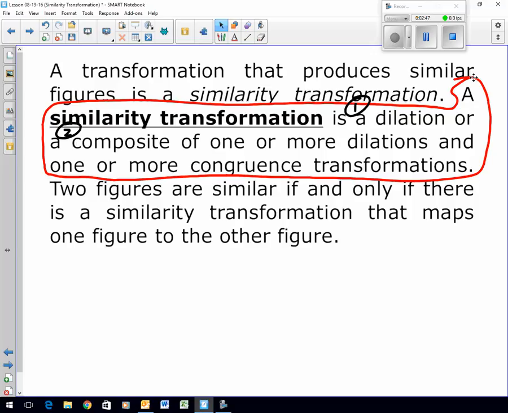But as well, anytime I have a composite, what does composite mean? What might composite mean?